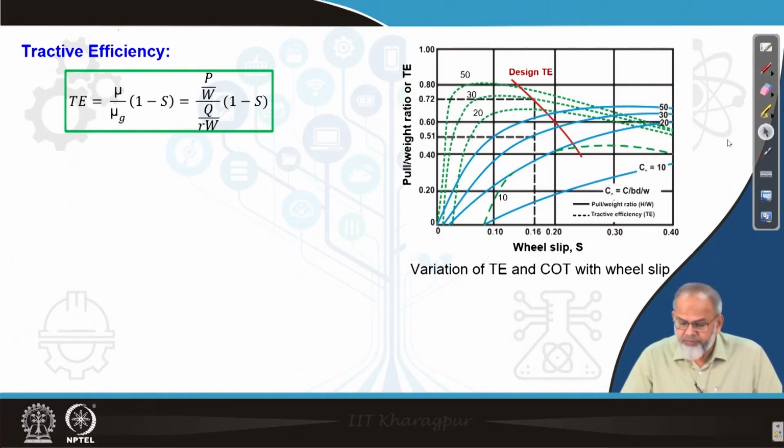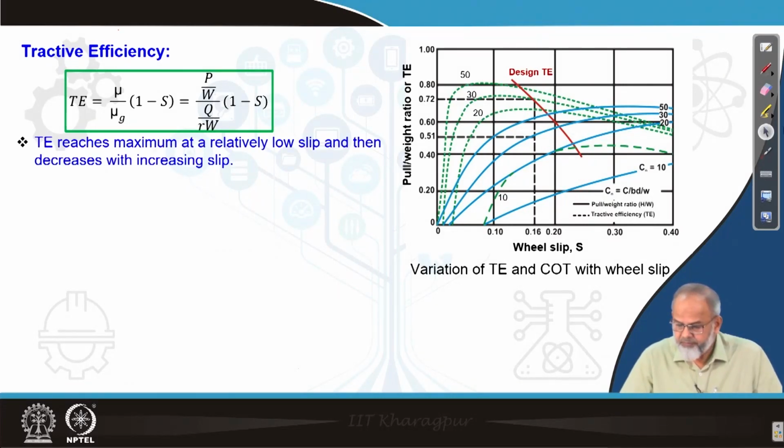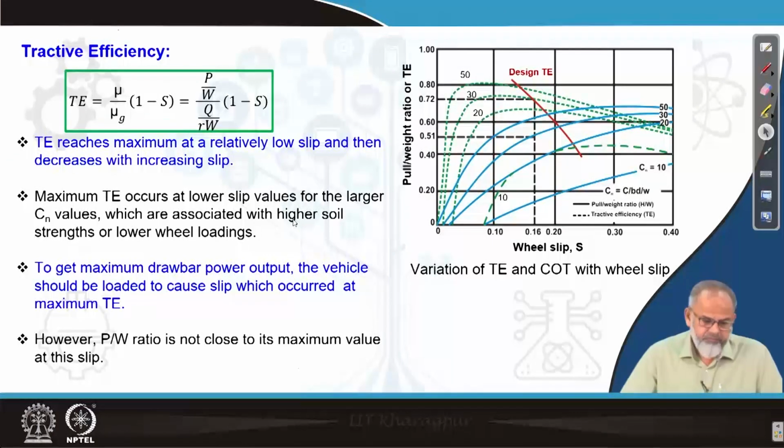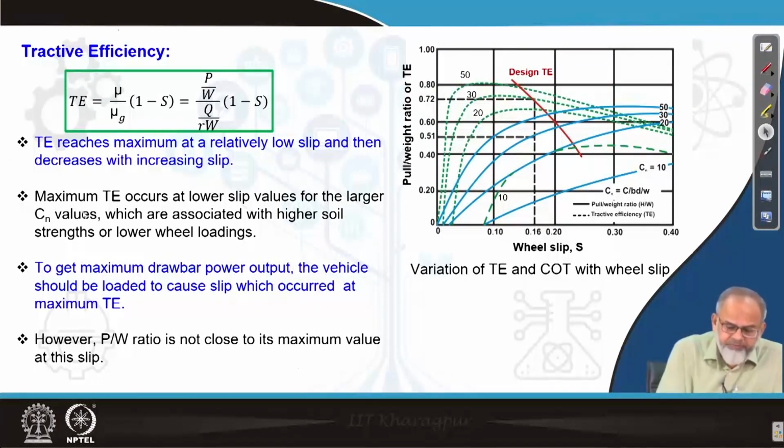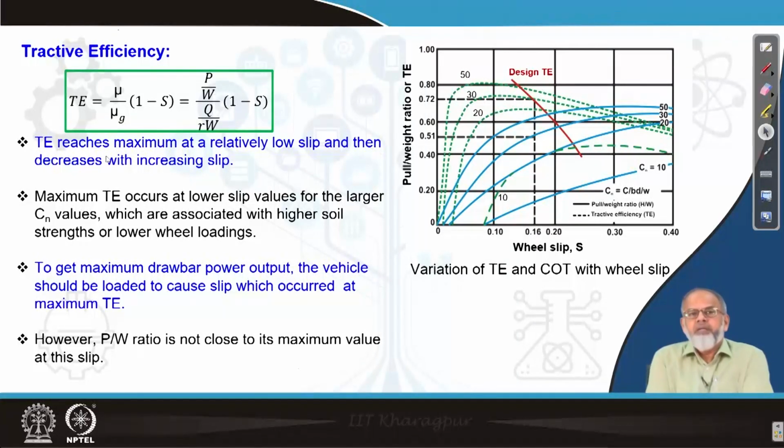The limitations, if you look at, maximum tractive efficiency reaches a maximum at a relatively low slip value, and then it decreases with increase in slip.